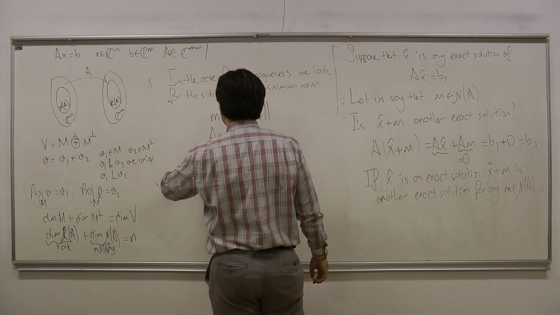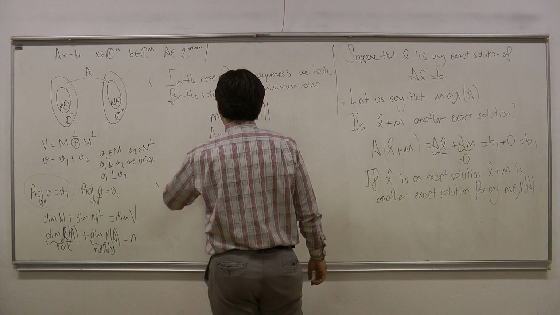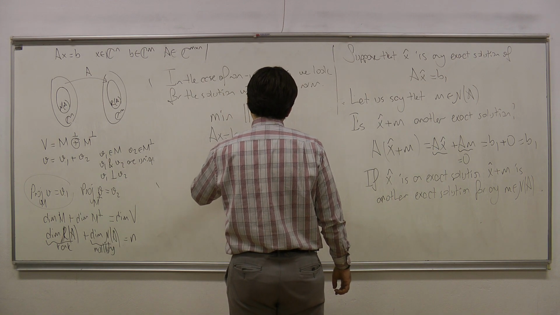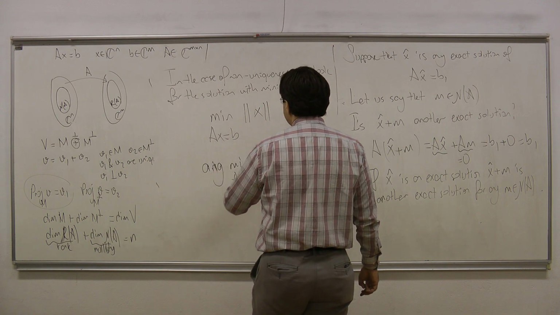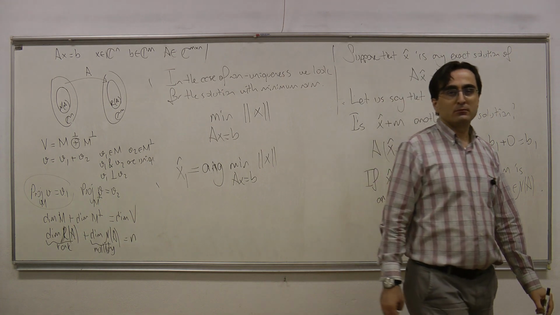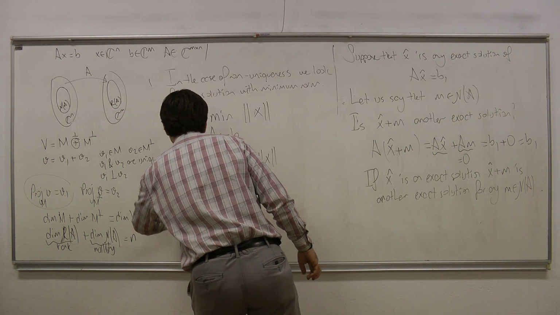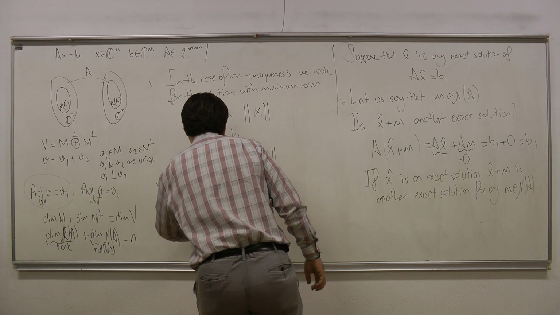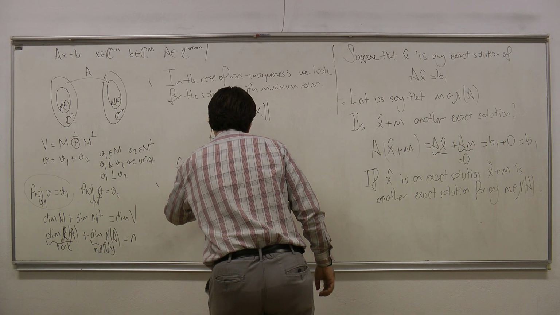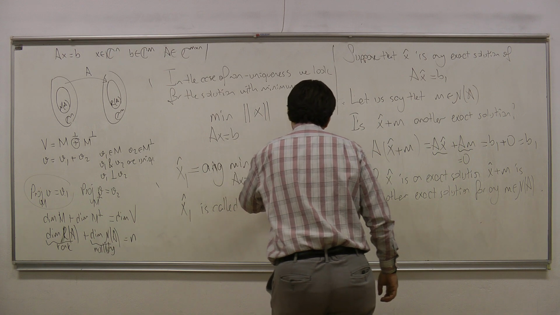The x value that would obtain this minimum, the argument of this minimization, Ax equals B, I will call it x set 1. And this is called the minimum norm solution.